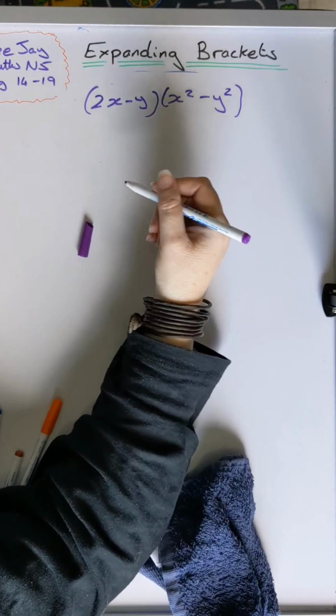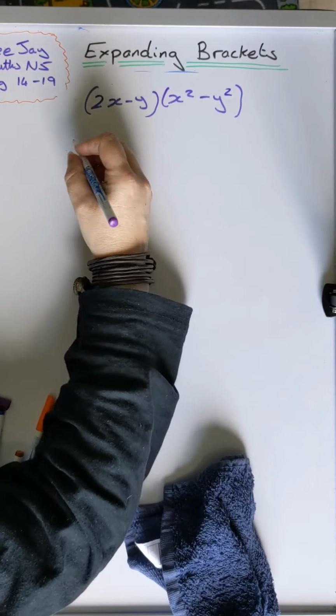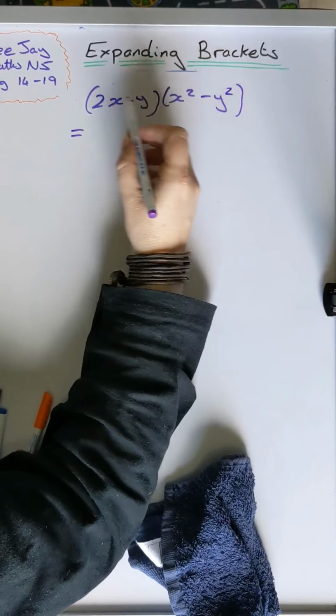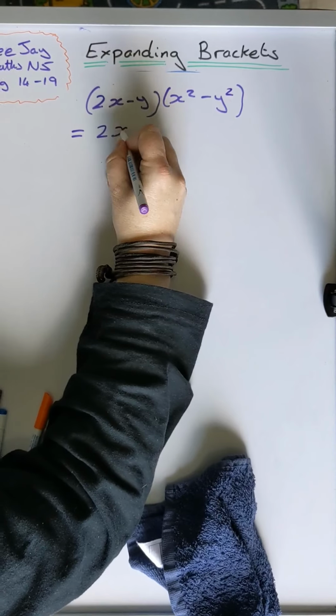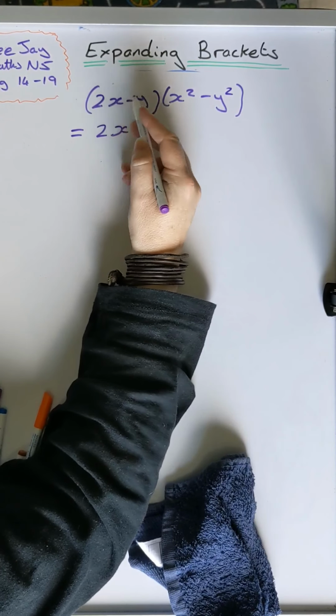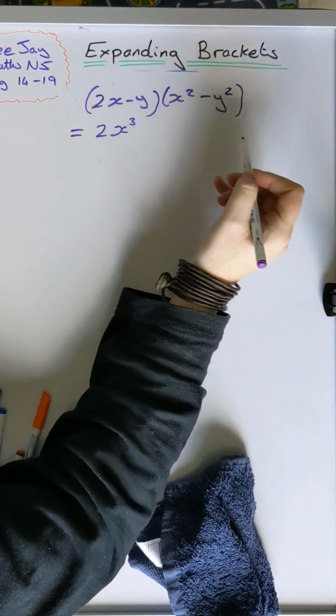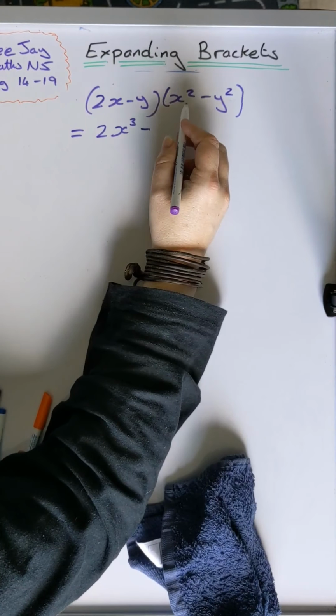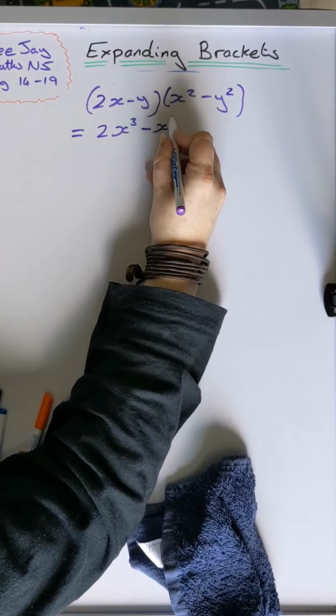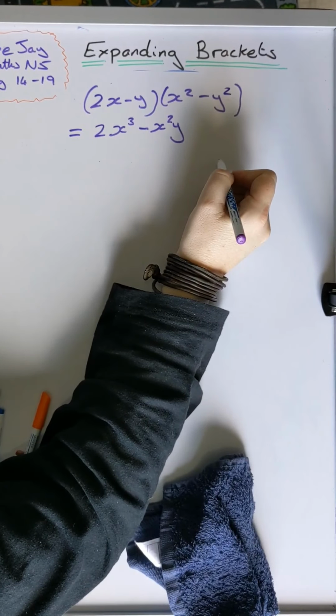But you'll do the same technique as we've been doing. So eyebrow to eyebrow, 2x times x squared, so that's 2x cubed. X squared times x, so that's x cubed. Nose, I've got minus x squared times y, so minus x squared y.